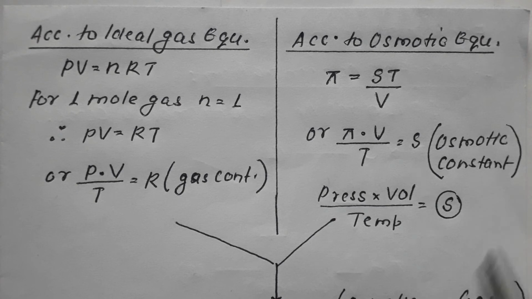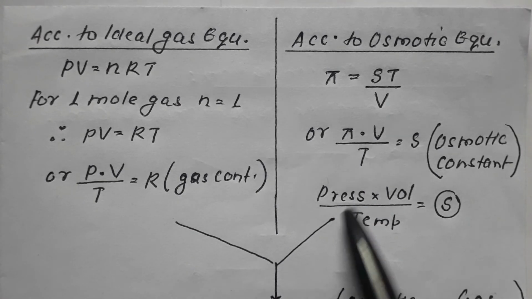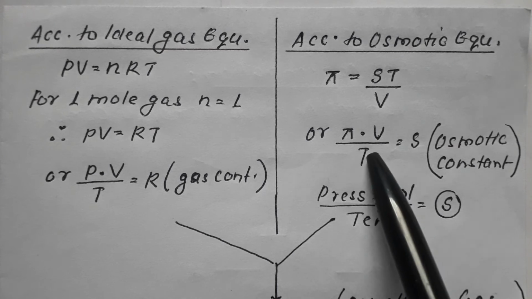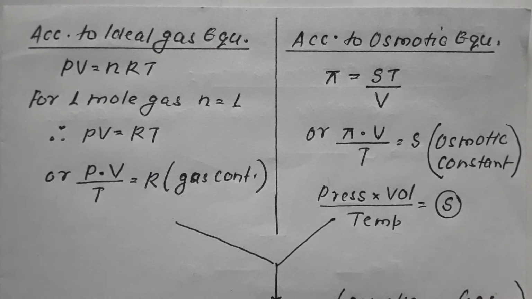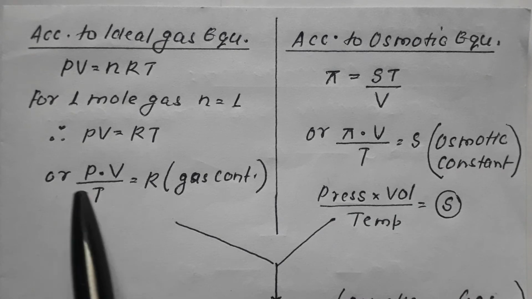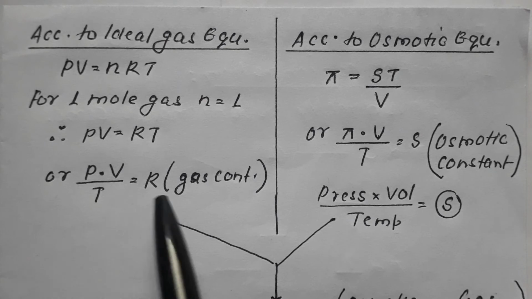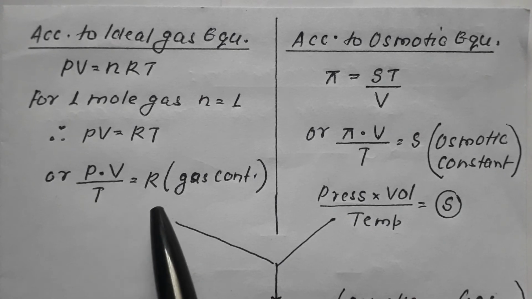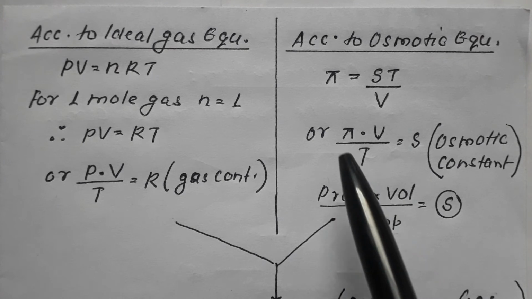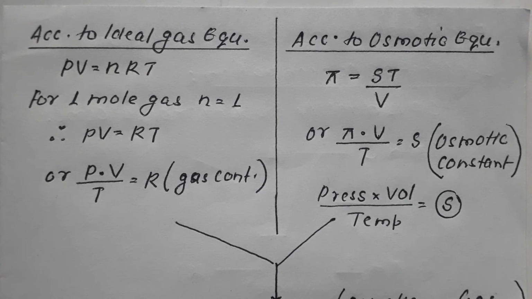It is the osmotic constant. So pi is the osmotic pressure, V is the volume, T is the temperature, and it is equal to S, the osmotic constant. Since P into V upon T is equal to R, and also pi into V upon T is equal to S.